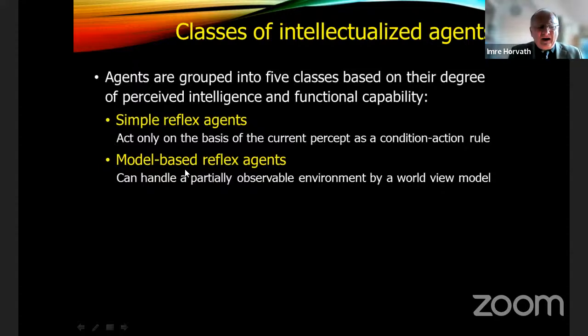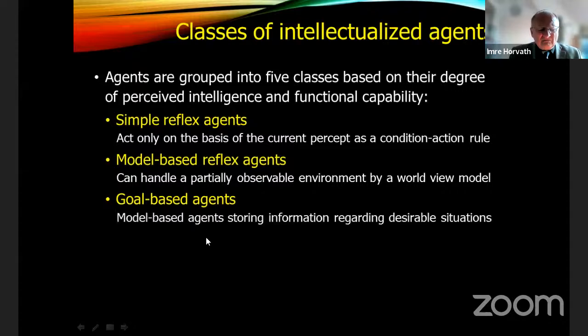And this is why the model-based reflex agent can provide better operation and a higher level of smartness than a simple reflex agent. Then we can talk about the so-called goal-based agent, a model-based agent storing information regarding the desirable situation.